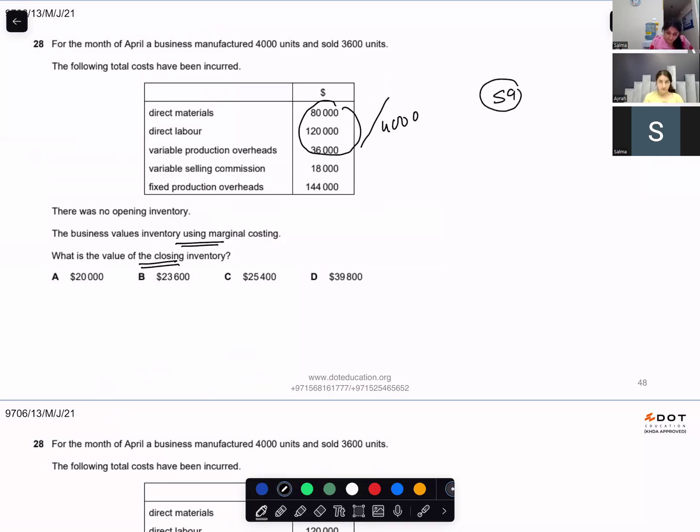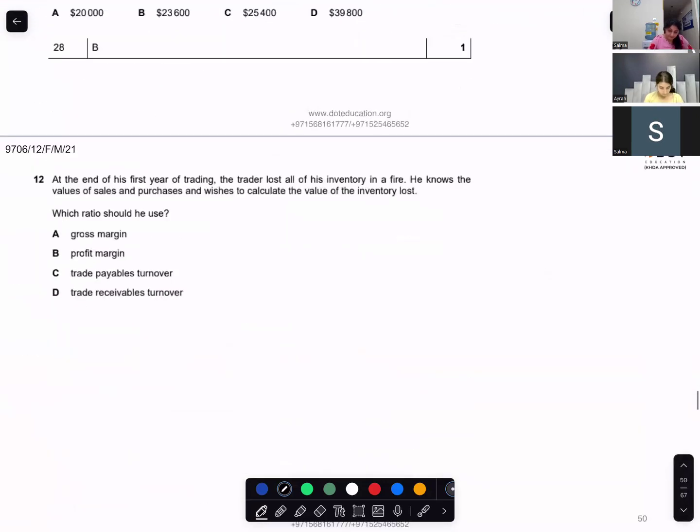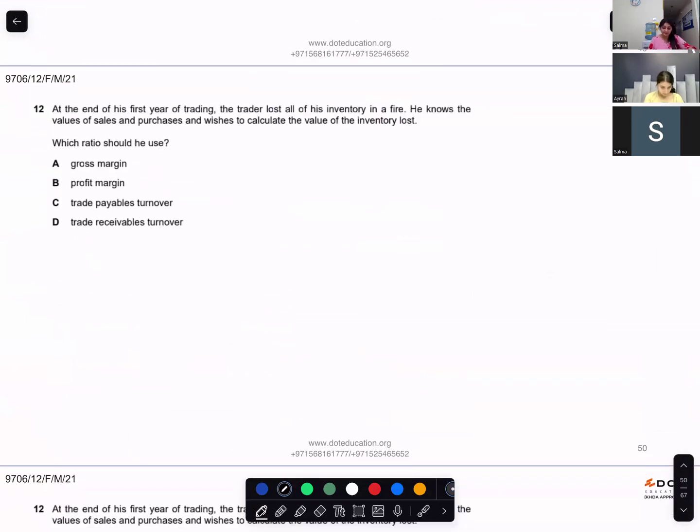So the closing inventory will be 4,000 minus 3,600, which is 400. So 400 into 59, it's 23,600. Okay, option B. Next one.